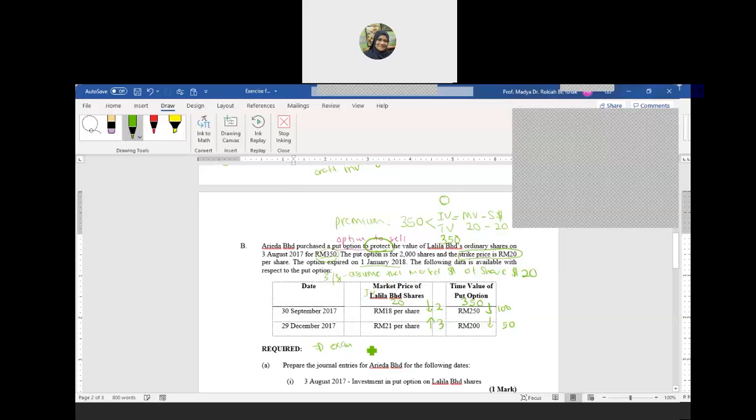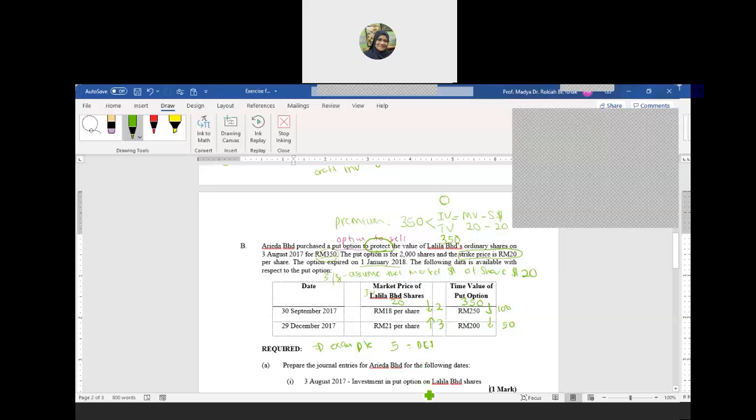So we use options to protect the value of the shares, like the one that you have in example 5.